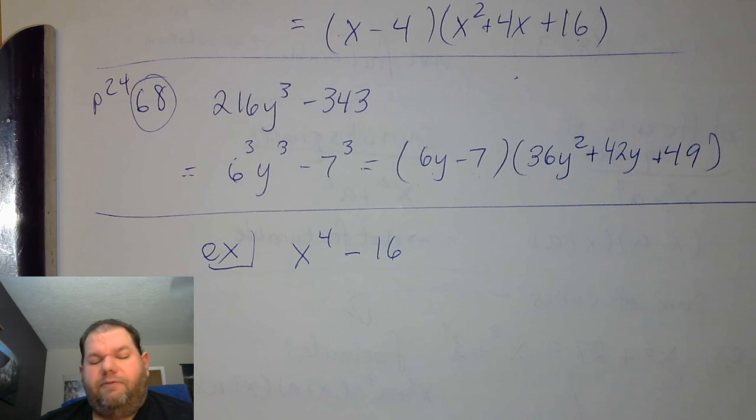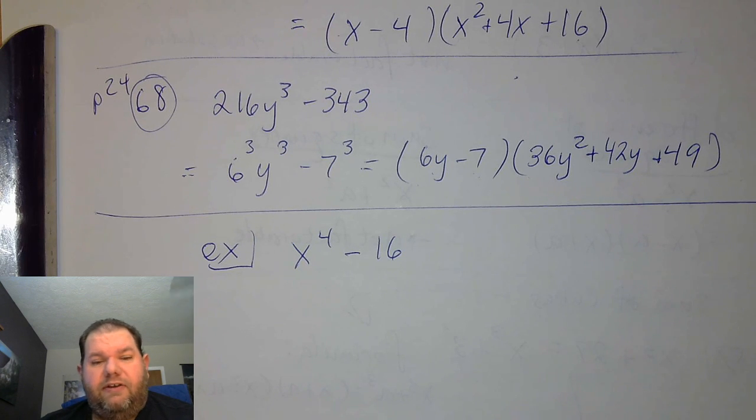Yes, we could make one if we wanted to, but we don't really have a formula that we teach for what would be considered a difference of fourth powers, or quartics. Let's do a difference of fourths.